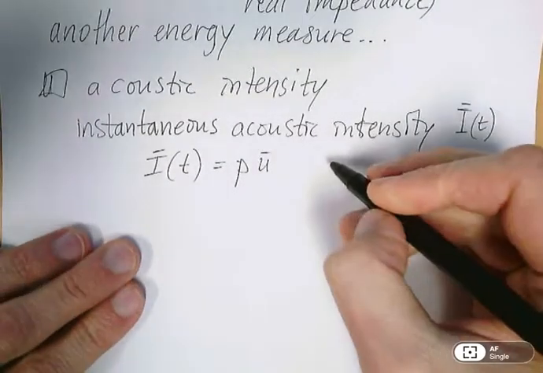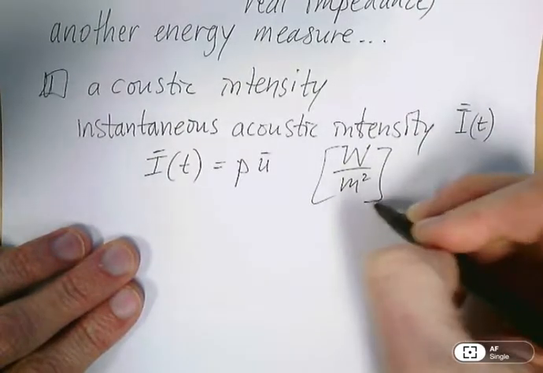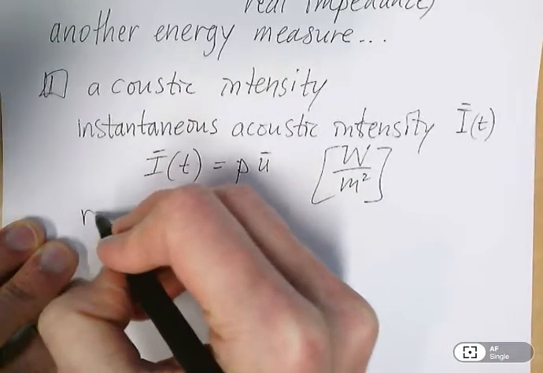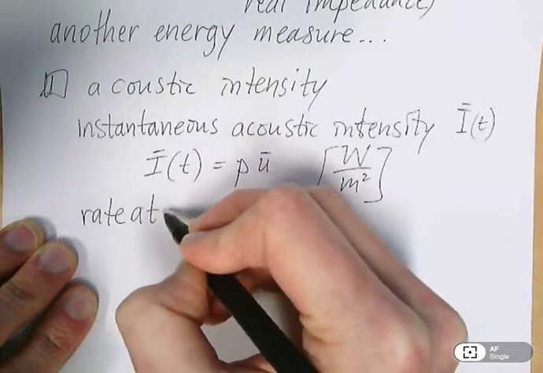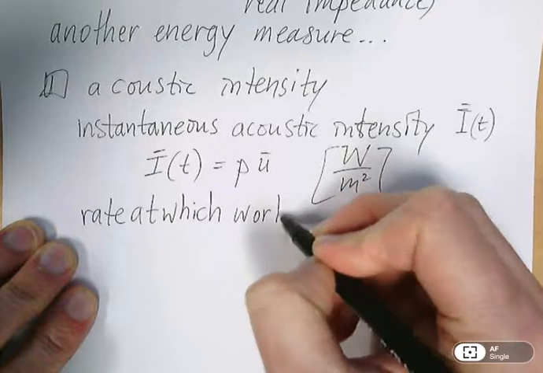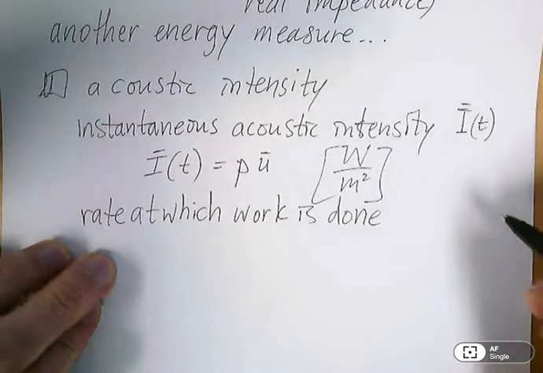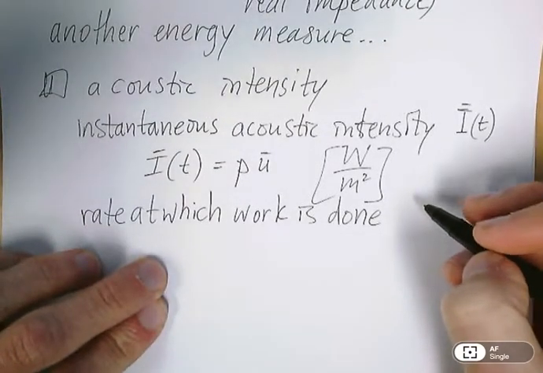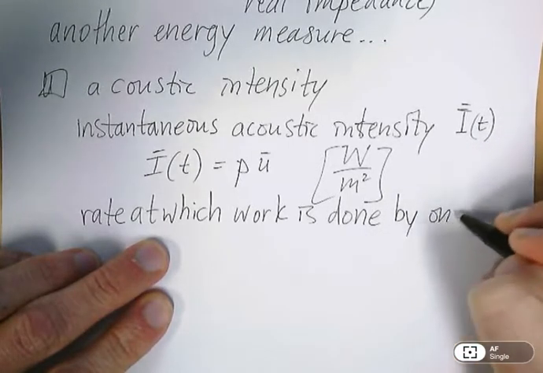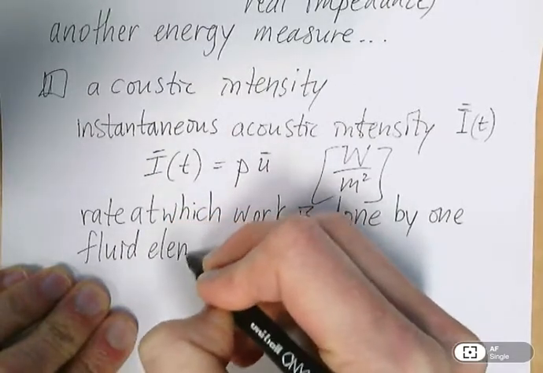But the units here are watts per meter squared, and seeing watts suggests something about work and power and energy. Putting this into words, it's the rate at which work is done by one fluid element on an adjacent or neighboring fluid element. So the instantaneous acoustic intensity is the rate at which work is done by one fluid element on a neighboring fluid element.